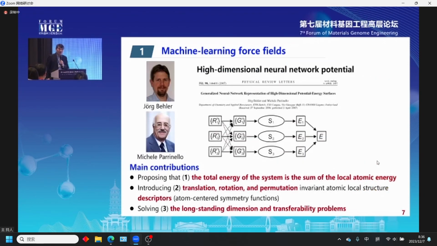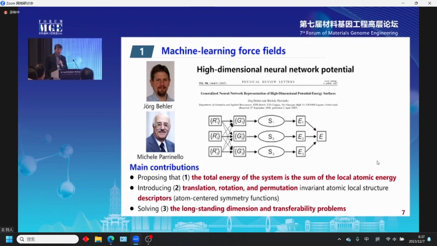Then I would like to turn back to the history of the first work, which mostly focused on the machine learning force field, the high-dimensional neural network potential developed by Professor Michele Parrinello. Professor Parrinello made a great contribution to DFT calculation because he developed AIMD simulation.